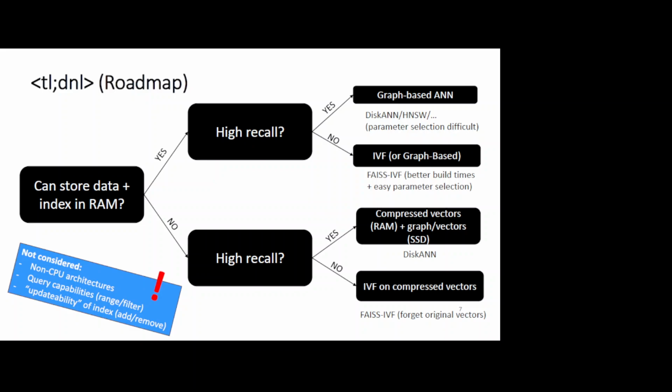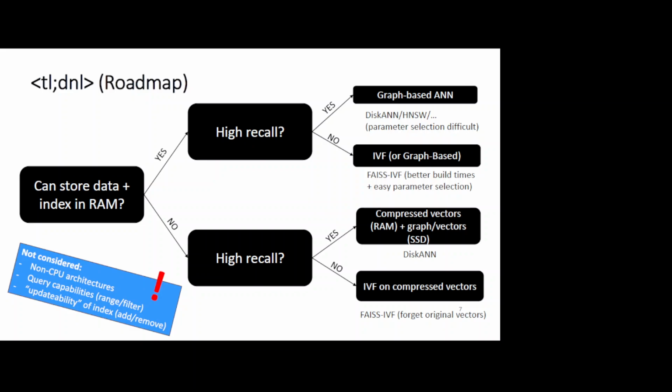Today's lecture, I will give you a roadmap to tell you under what conditions, which strategy you can choose to do your approximate nearest neighbor search. This is the roadmap. In this slide they don't consider the following three cases.